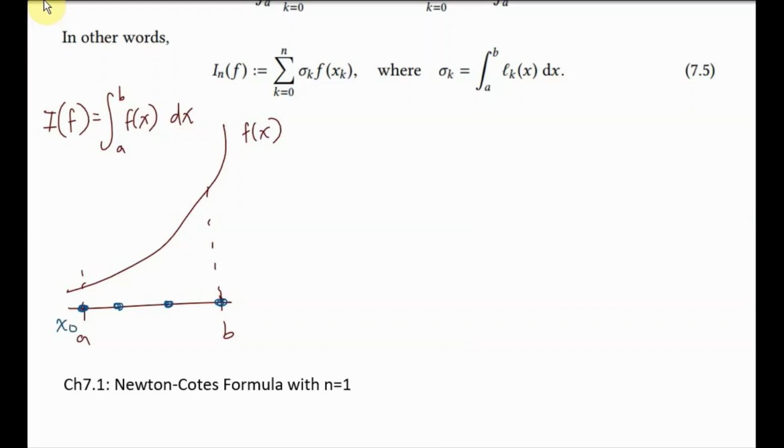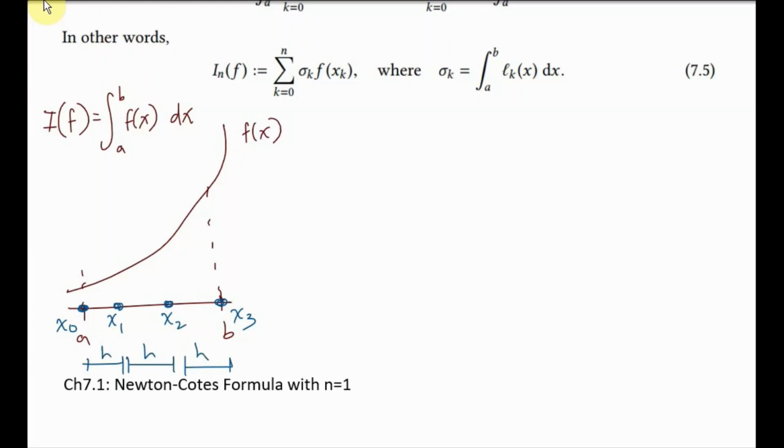So this is node x0, node x1, node x2, node x3, just like how we did in polynomial interpolation. These are equally spaced nodes. Let's call these gaps h.